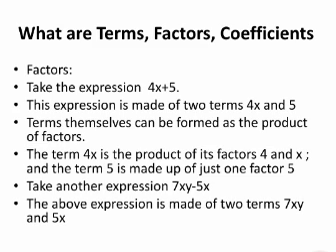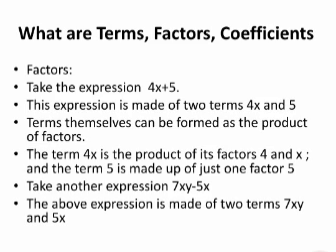Next we are going to learn about factors. What are factors? Take the expression 4x plus 5. We learnt that this expression has two terms, 4x and 5, and every term is made up of factors. 4 is one factor and x is another factor.